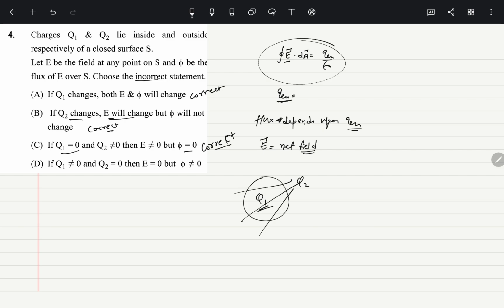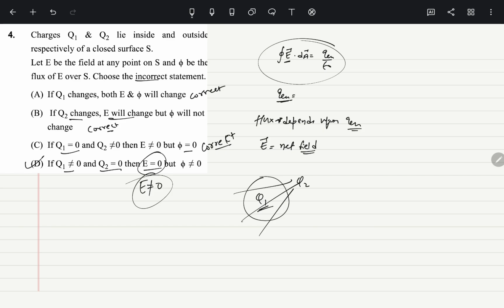If Q1 is not equal to 0, then flux will not be 0, and if Q2 is equal to 0, E is 0. This is wrong. E should not be equal to 0 because Q1 is not equal to 0. Any charge present in the space produces an electric field. That is why option D is incorrect, and the answer to this question is option D.